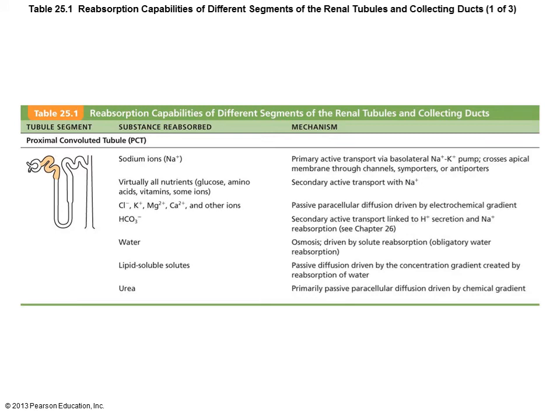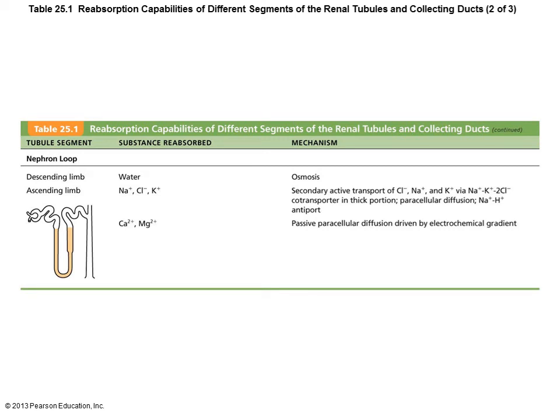This shows you the summary of what's happening in a proximal convoluted tubule, which I showed you molecular-wise. This also shows the descending limb of the U-tube, where most of the osmosis of water occurs, and then the ascending limb, where sodium ions are pumped out, including other ions as well, but the major one is sodium, so the filtrate becomes a lot more concentrated as it goes down and up.